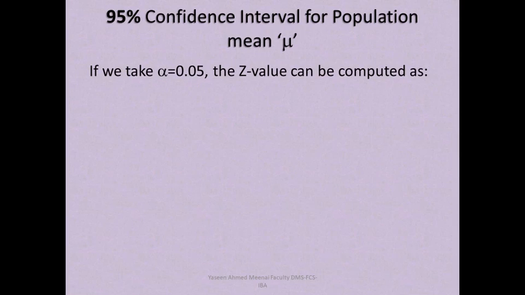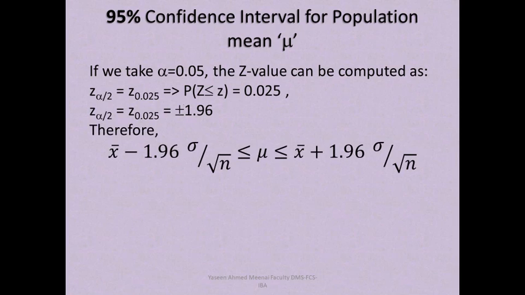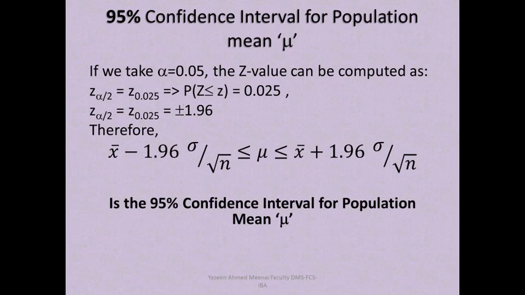Alpha is equal to 0.05, then 1 minus alpha will be 0.95, and alpha by 2 will be 0.025. Then z of alpha by 2 is nothing but plus minus 1.96. So both end quantiles are calculated, and this will give us the 95% confidence interval for the population mean mu.